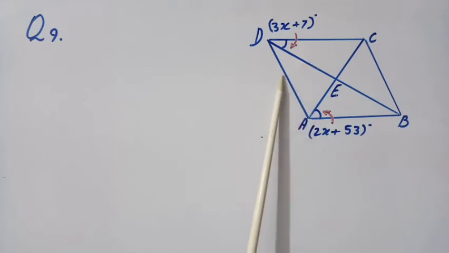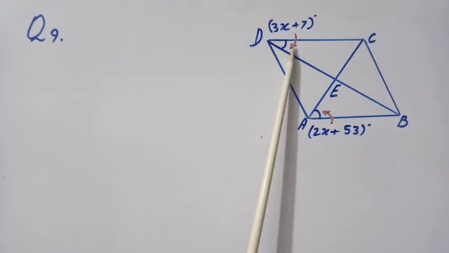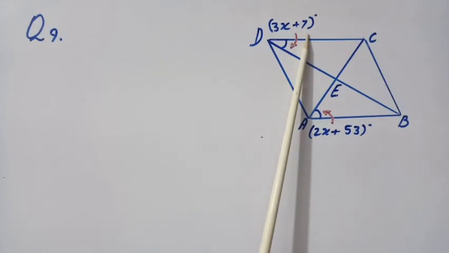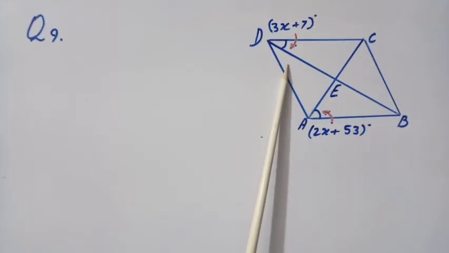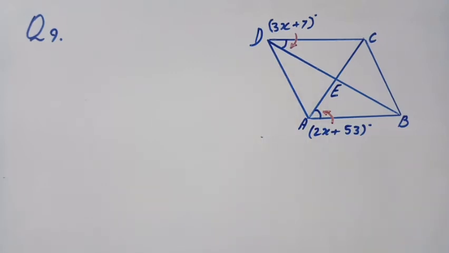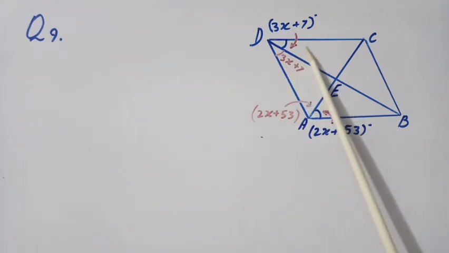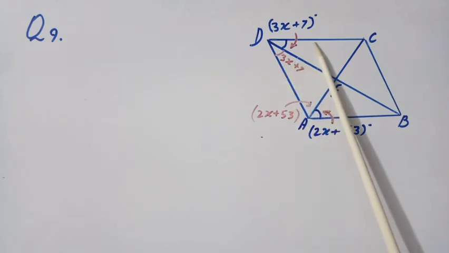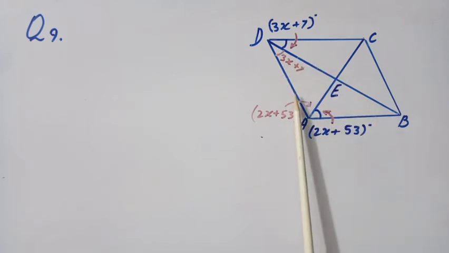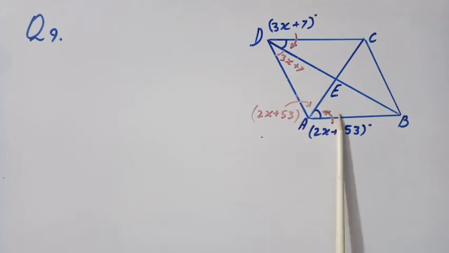This whole angle is divided into two parts. One is 3x plus 7 and the other one should also be equal to it, right? So this way we are justified to say that the whole angle at point D is double of 3x plus 7, and over here at the point A, this angle A is double of 2a plus 53, right?